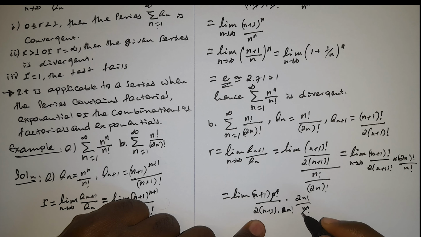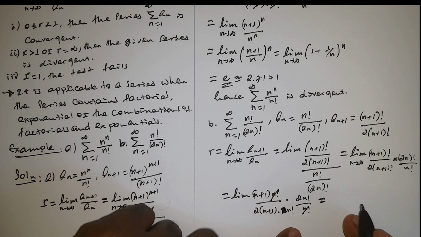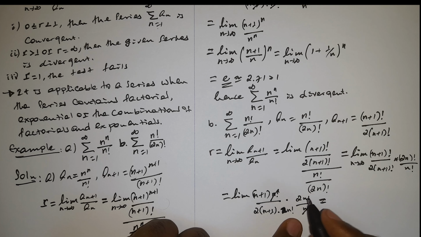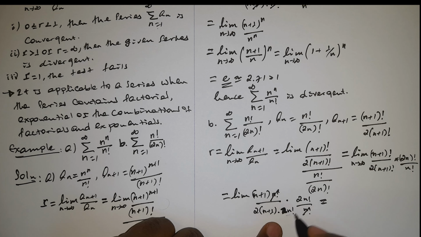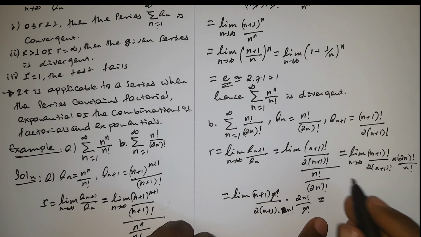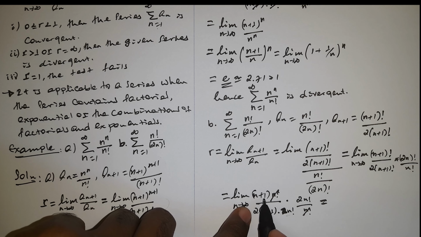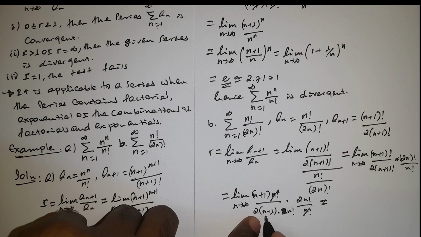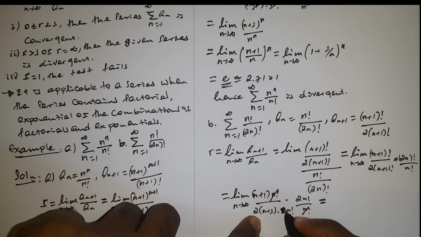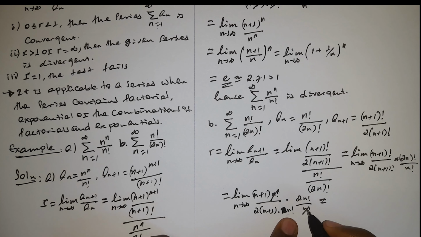The n factorial cancels. As n goes to infinity, limit of n plus 1 times n factorial over 2 into n plus 1 times n factorial, times 2n factorial over n factorial. From this the n factorial cancels.